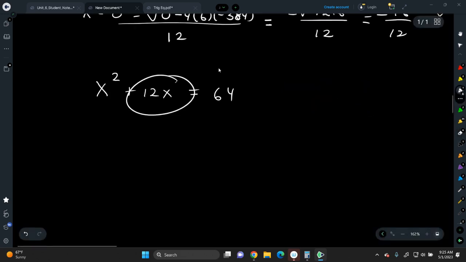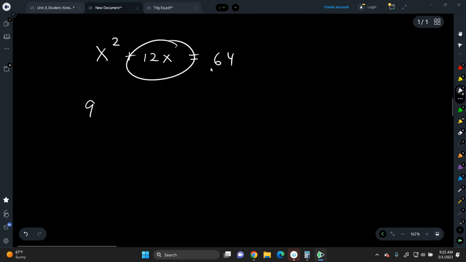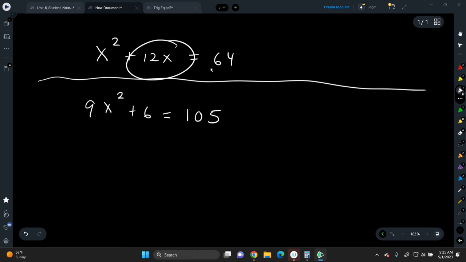So here's another example. 9x squared plus 6 equals 105. Which one's going to be easier? Quadratic formula? Everybody agree? Why not, Caroline? There's no b, so the b is 0. Wait, isn't that 60? No, that's c.